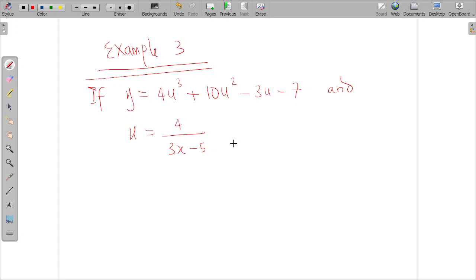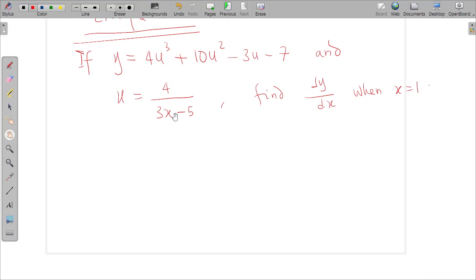Okay, so we want to find dy over dx when x is equal to 1. Okay, that's what we are asked to do. We have to find dy over dx when x equals 1.